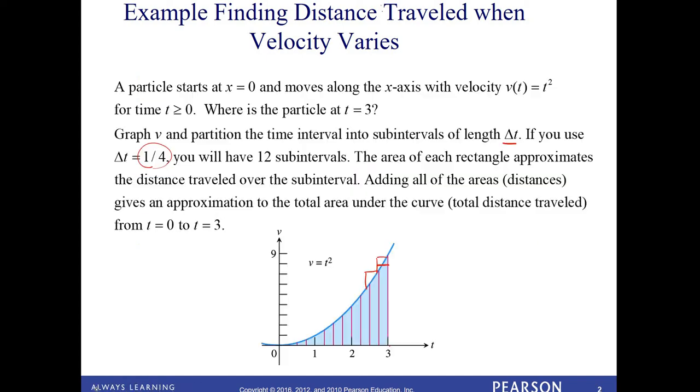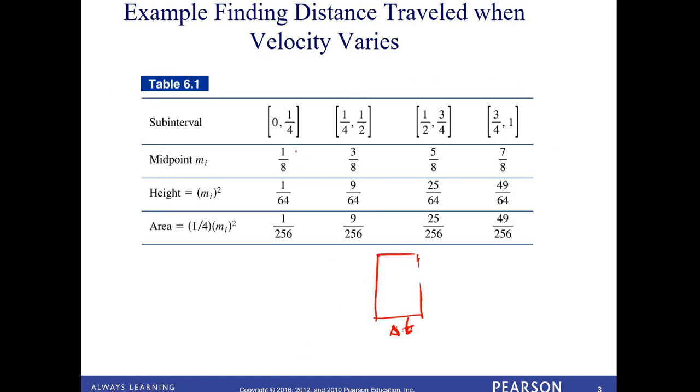So let's go back to our picture. We're going to use the midpoint of each rectangle. The midpoints will be 1/8, 3/8, and so on. You get the picture? Using the midpoint of each interval, we form a rectangle. The midpoint is 1/8, the height at that point is the function value, and the area is the height times the base.